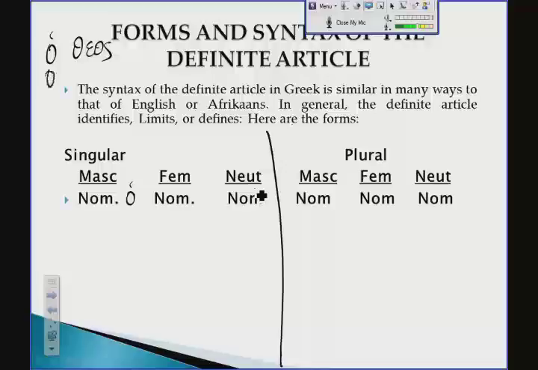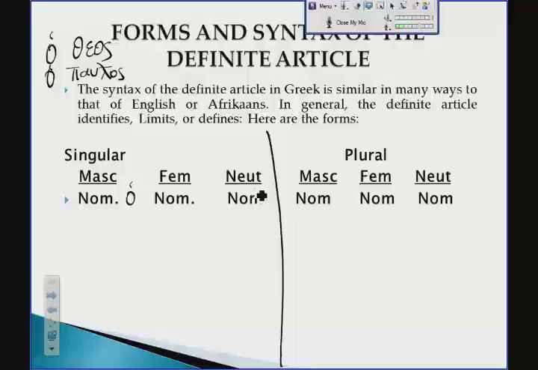Say, ho Paulos. Sorry. The Paul. You don't normally translate the God. You always say God, okay? Or Paul. That's a funny way. In Greek, the definite article will always appear with proper nouns, but you don't translate it as definite. You just call the name.